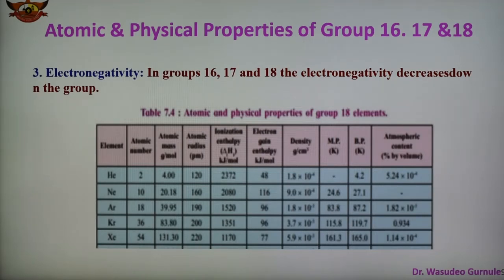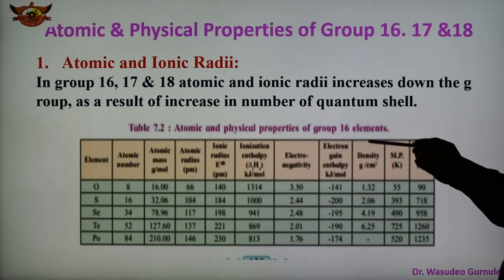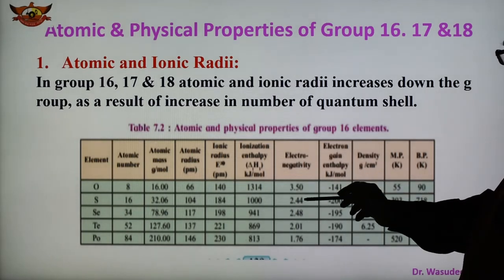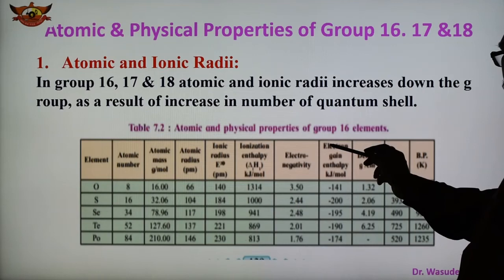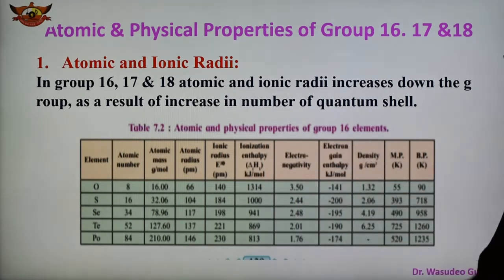In case of group number 16, the electronegativity value decreases: 3.5, 2.4.